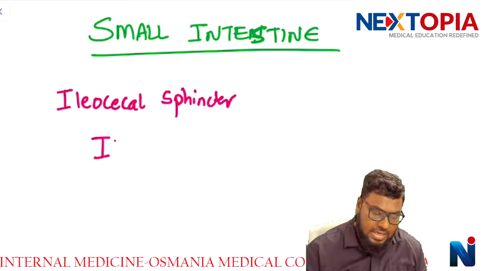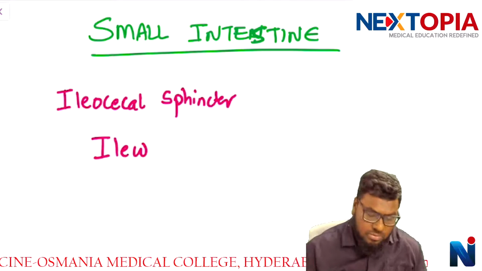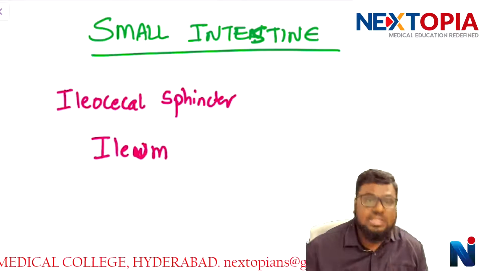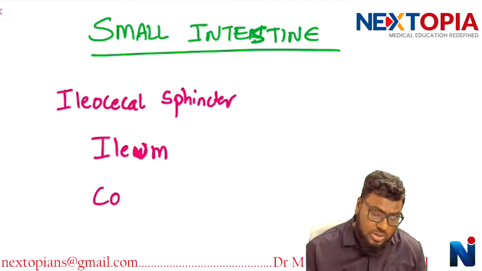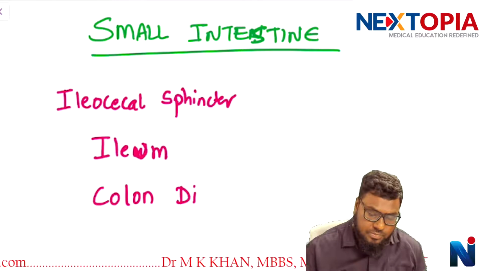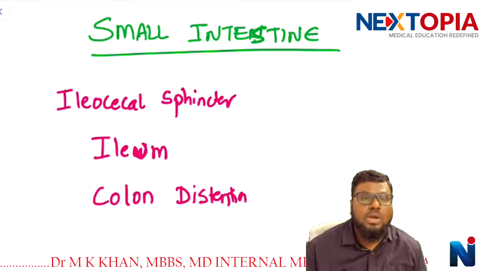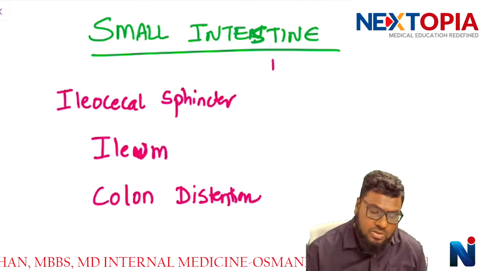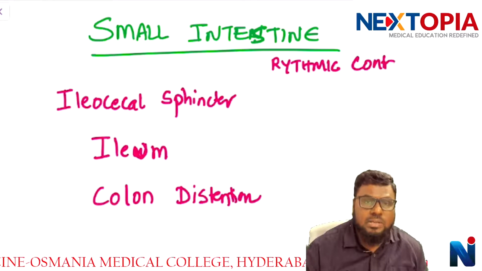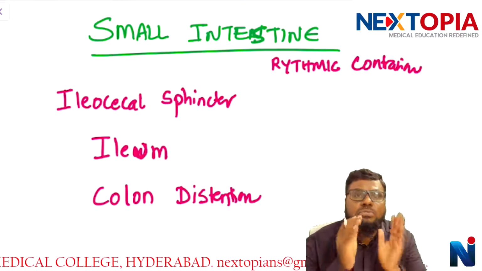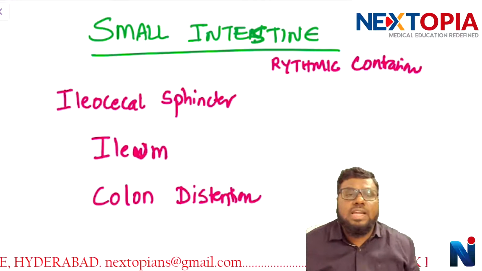It has ileum distension, which is responsible for movement of the peristaltic wave, and it also controls the colon distension. How does this occur? All these are because of the rhythmic contractions occurring in the small intestine. These rhythmic contractions create small sections of contraction and relaxation.